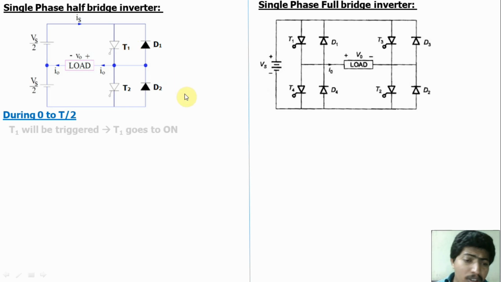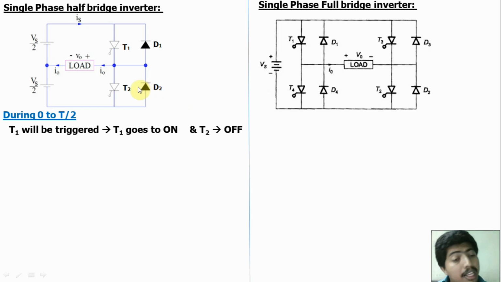So T1 goes to on state, and at the same time T2 is off because it is not triggered. T1 will act as a short because it is on, and T2 is off. The diodes D1 and D2 are always in reverse bias.